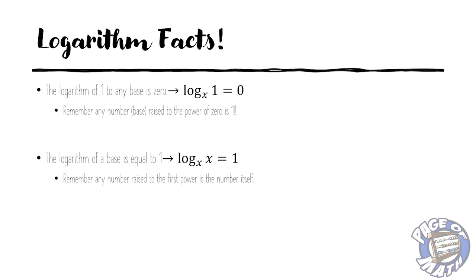So, in logarithmic form, that would mean log base x of 1, where x represents any base, is always 0. The second fact is that the logarithm of a base is equal to 1, meaning that if you have a base x and you're finding the log base x of x, your answer will be 1.